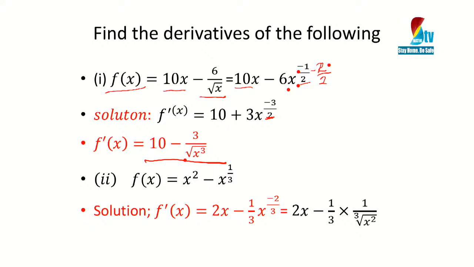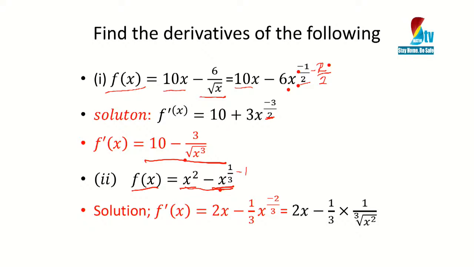And then another example, f of x is equal to x squared minus x raised to the power 1 over 3. Because this is given in powers of x, we simply differentiate, multiply by 2, and then we subtract 1 from the power, we get 2x minus, we multiply by the index here, which is 1 over 3, minus 1 over 3 x, and then we will subtract 1 here, we're going to get negative 2 over 3.